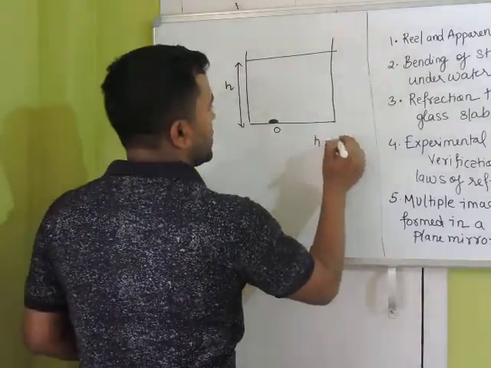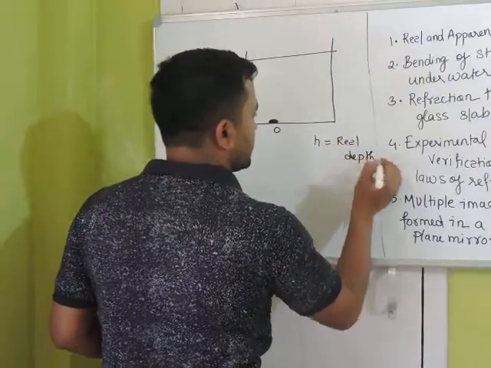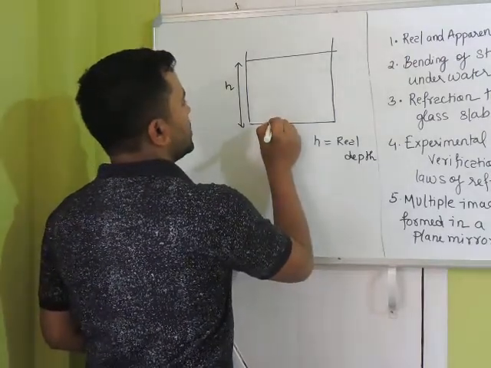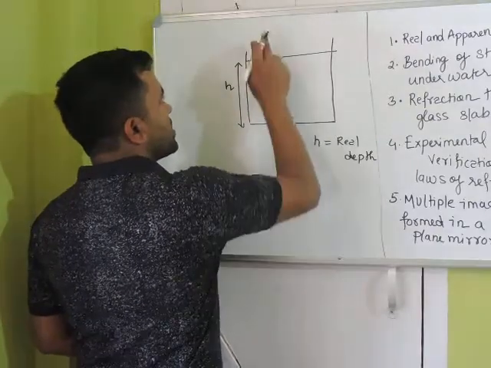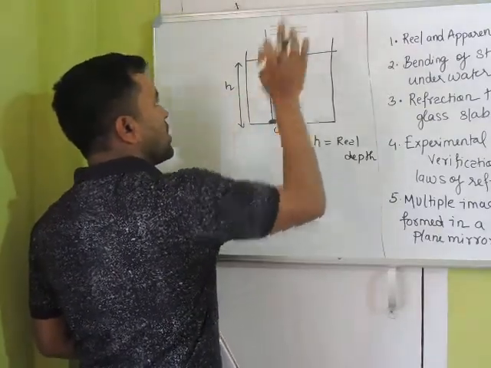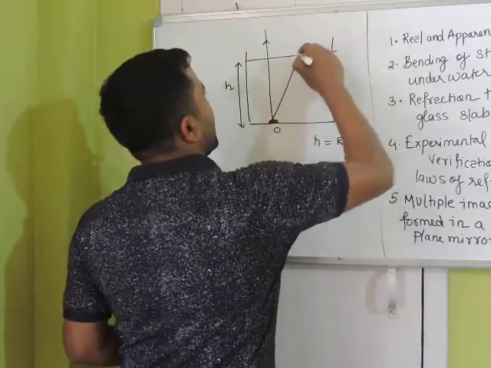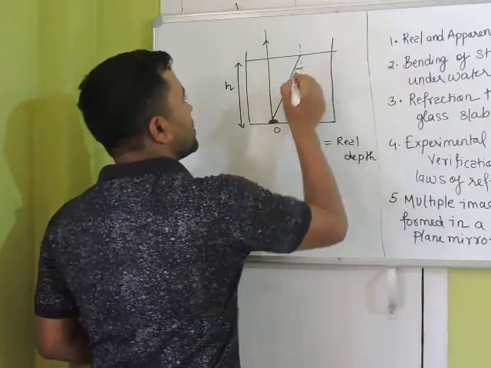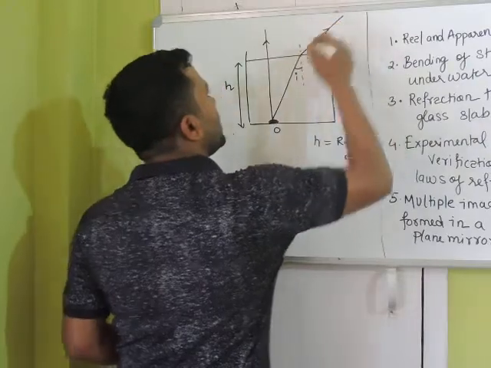So h is the real depth, and suppose we take two rays. This ray is going straight because the angle of incidence is 0, so the angle of refraction is 0. Now if we take one more ray, this is the angle of incidence on this surface, and it will bend away from the normal.